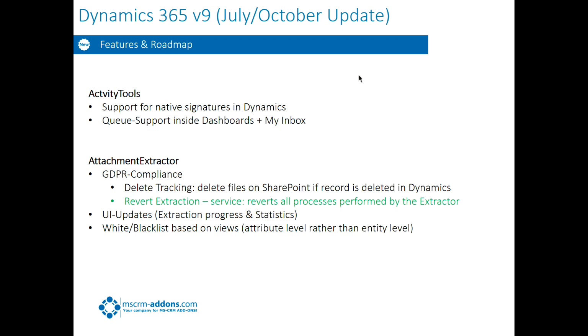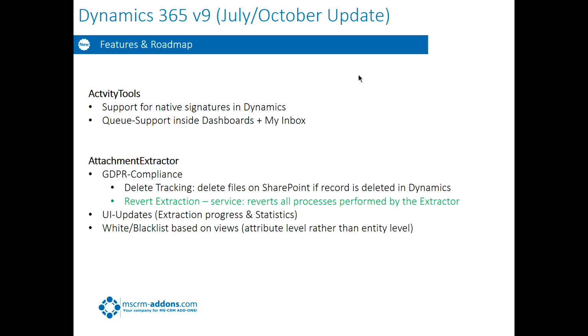With the queue support, I can bring in a secondary Activity Tools window, and I can define it to where it's all activities associated with this account's primary contact. So now, instead of having to go to the primary contact and flip back and forth, I'm able to do it all on one page. Just trying to simplify everything and bring everything together. That's what the queue support does. So there's a lot of neat features, and you can define what you want to see.